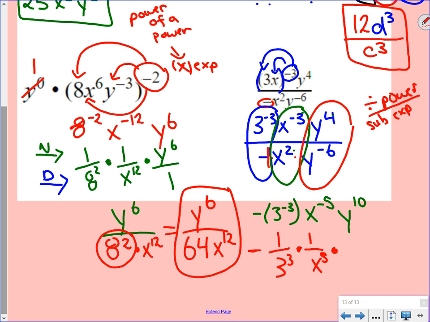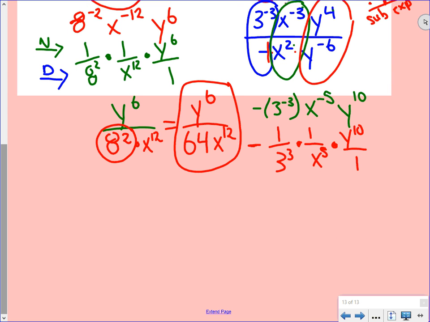And then y to the 10th is y to the 10th over 1. Simplify what's left. 3 to the third is 27. 1 times y to the 10th is y to the 10th, all over 27 times x to the 5th times 1.